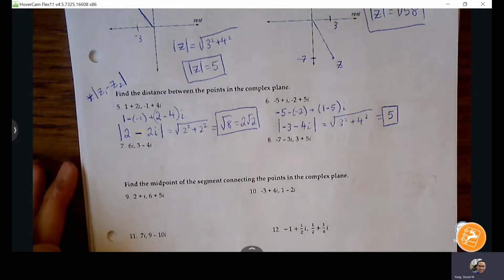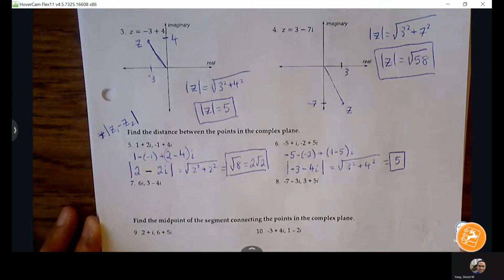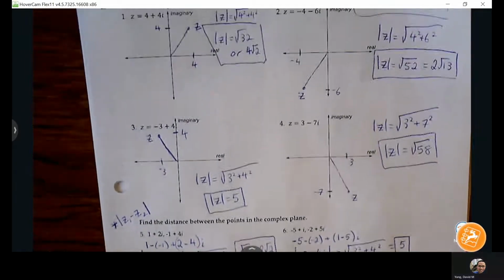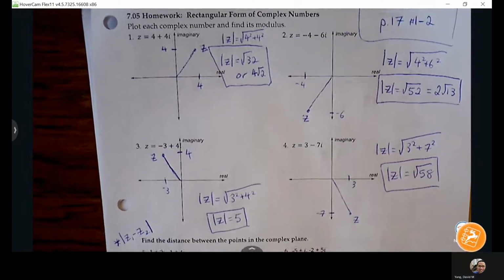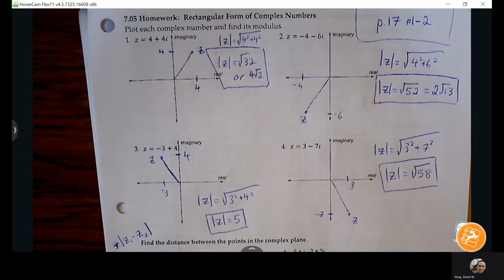Okay, does anybody still need to look at 1 through 4? Just roll up a little bit. Further up? Yeah. Okay, are we good with 1 and 2?